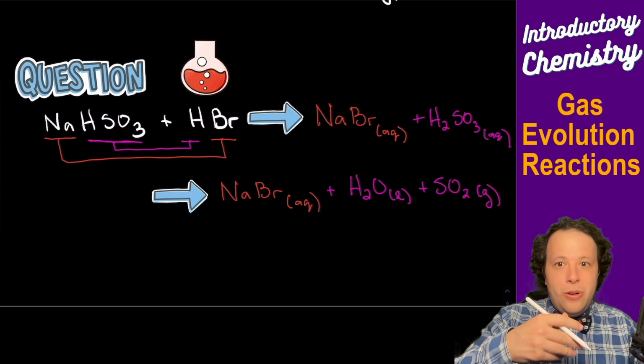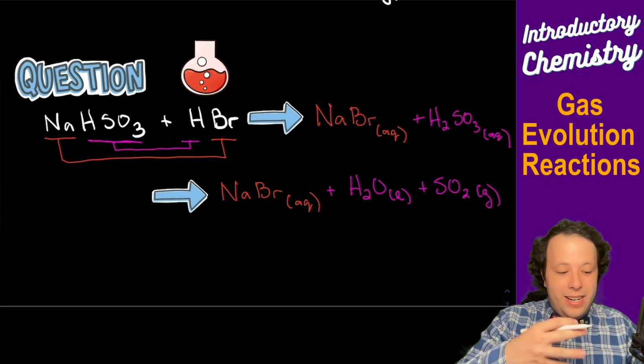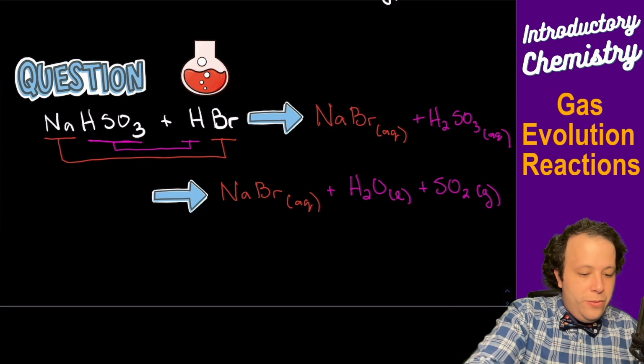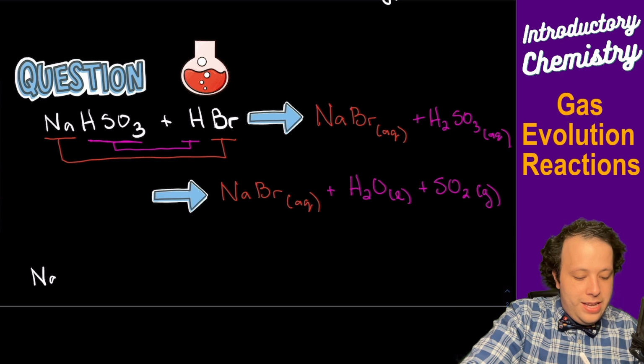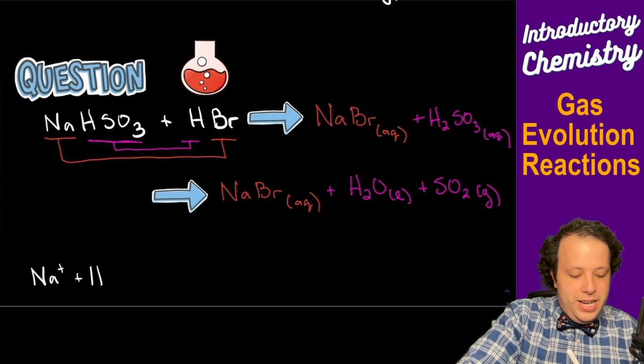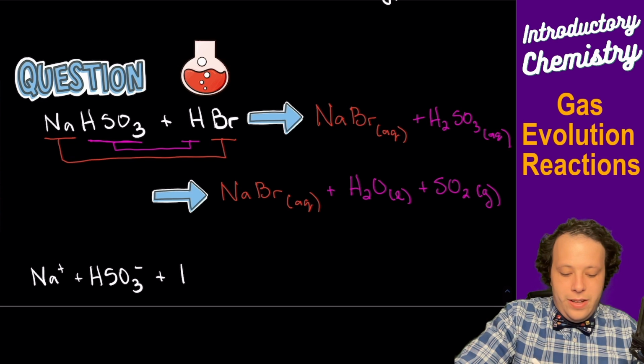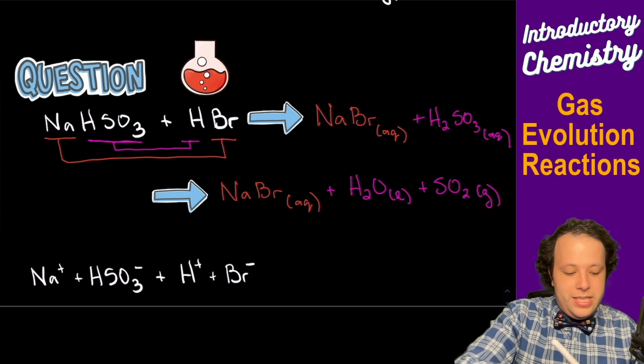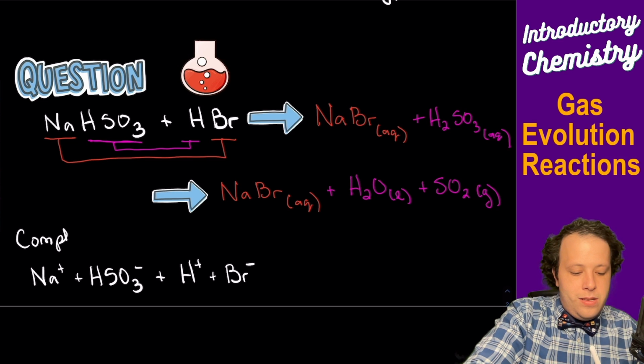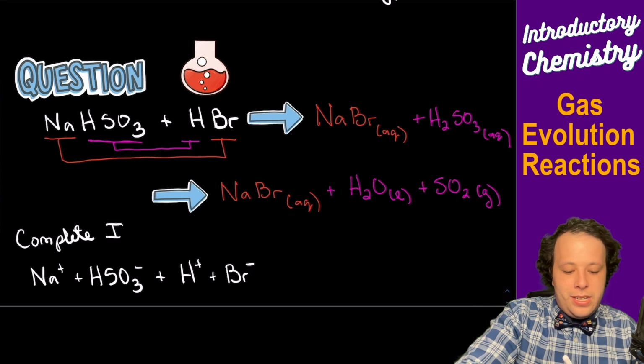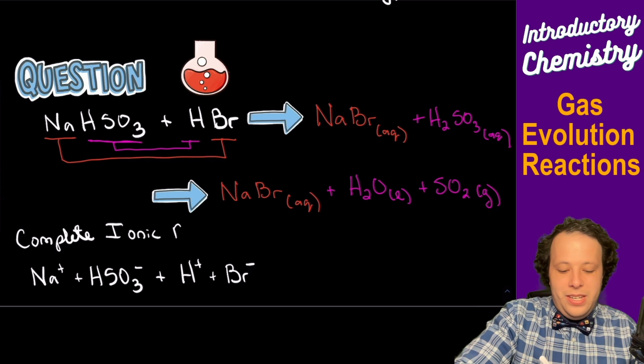So let's show the complete ionic equation. When we do that, we would have Na plus, HSO3 minus. Then our other reactant would be H plus, Br minus. Let's write that this is a complete ionic equation.